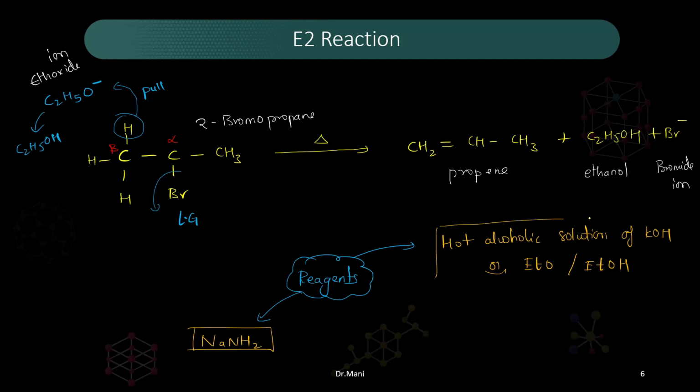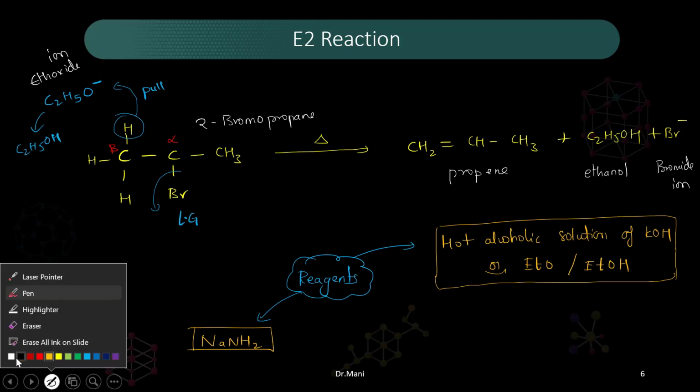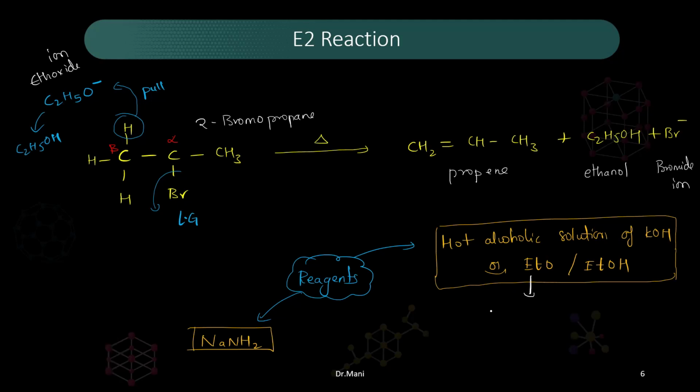So we need a hot alcoholic solution of potassium hydroxide, or EtO-. What is the meaning of EtO-? It is the ethoxide ion, or EtOH, which we call ethanol. KOH is potassium hydroxide. And what is the meaning of NaNH2? A strong amide, sodium amide.